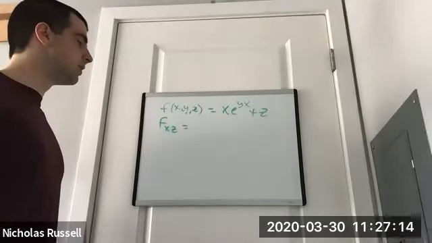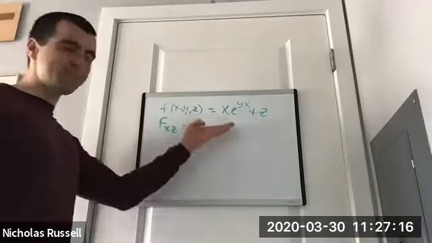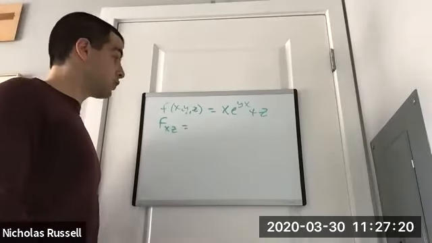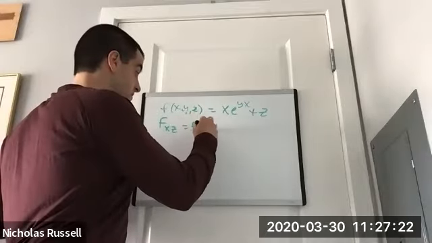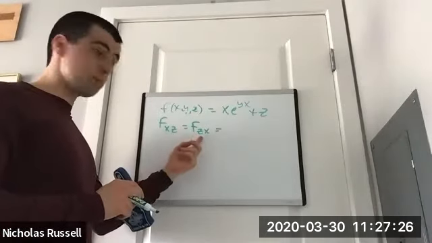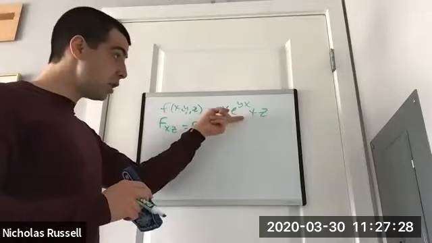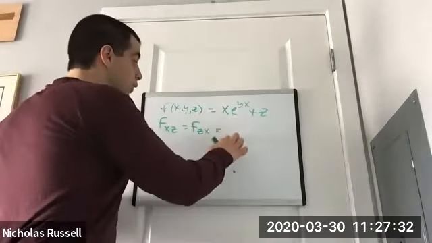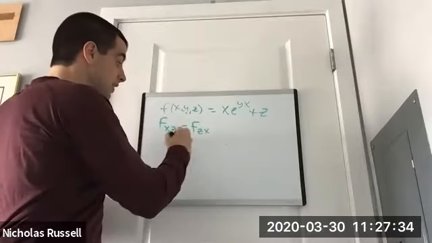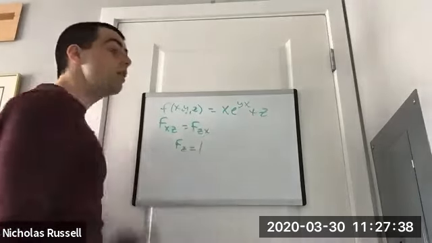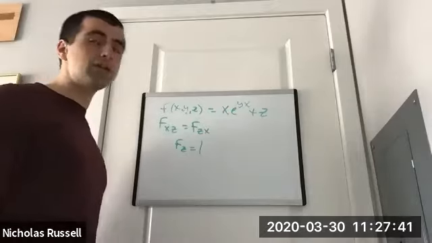Well, again, everything's continuous. If I asked you to calculate fxz, I could instead say this is the same as fzx, which I think is a lot easier to calculate. If I calculate the derivative with respect to z, fz is just 1, because the rest has no function of z.